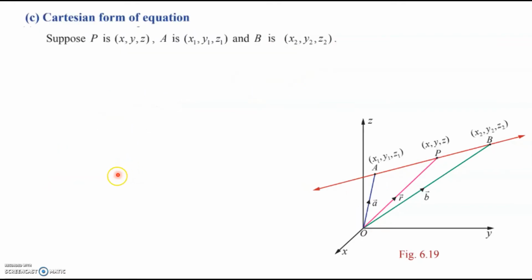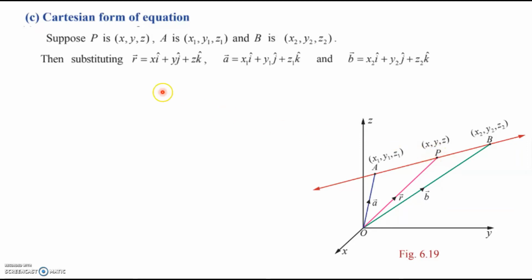Now the last one that we would see is called the Cartesian form of equation. So suppose P is x, y, z as given here, and A is x1, y1, z1 as given here, and our B is x2, y2, z2 as given here. So these are all position vectors, right? Now if we substitute the values of R vector, A vector and B vector, R vector is represented as x i cap, y j cap, z k cap here.